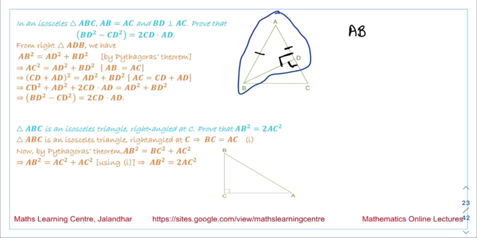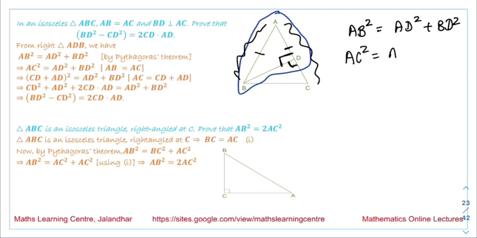So AB square is equal to AD square plus BD square. The sides that are equal are AC and AB, these two sides are equal to each other. So in place of AB we are writing AC, so it is AC square equal to AD square plus BD square.